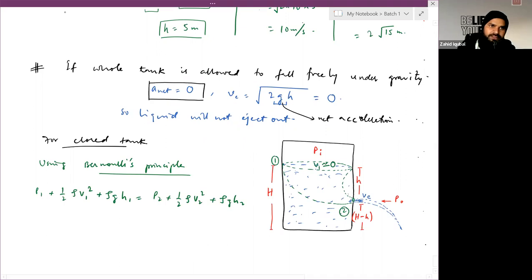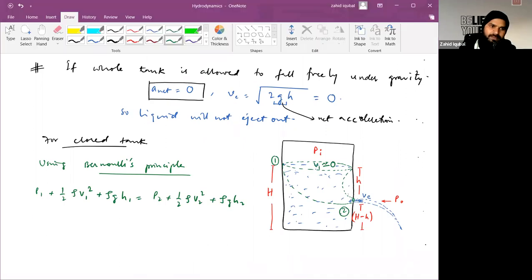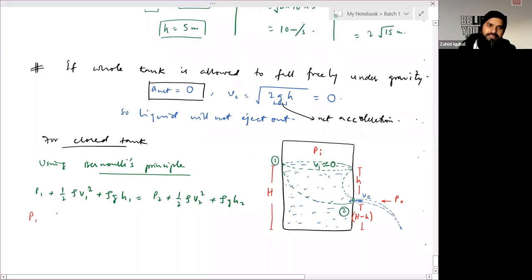Putting the value of each term in this expression, P1 is Pi, that is inside pressure, V1 is 0, rho g h1, that is H, P2 is outside pressure, half rho V2 squared is the velocity of ejecting liquid, efflux, and rho g H minus rho g small h.